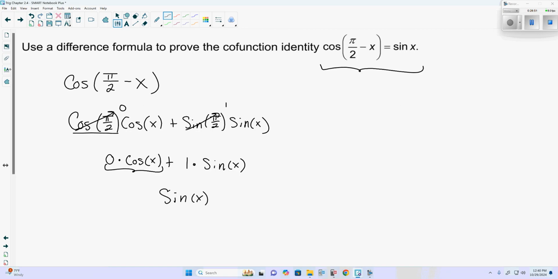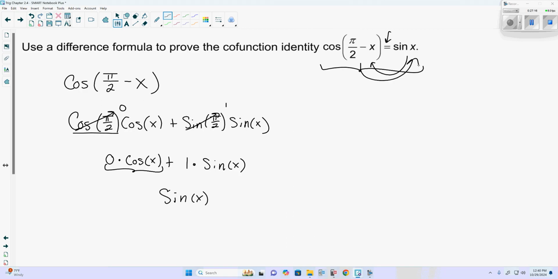Now the thing with proofs is we cannot add or subtract things from both sides. We have to get the left to be like the right or the right to be like the left, because we can't move anything across this equal sign in a proof. If we're trying to prove that they're equal, in order for us to move something from one side of the equal sign to the other means that we're assuming that they are equal.